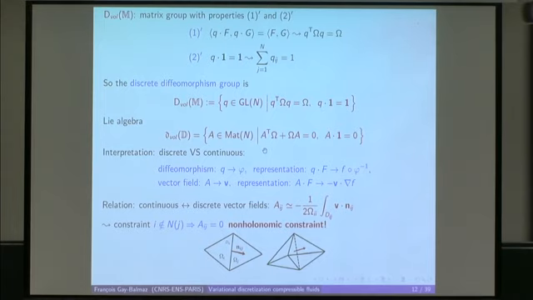But at the end, what you observe is that the matrix element of A, your discrete vector field, corresponds to the flux of your continuous vector field through the phase common to the cell I and J divided by the volume of this cell, right?